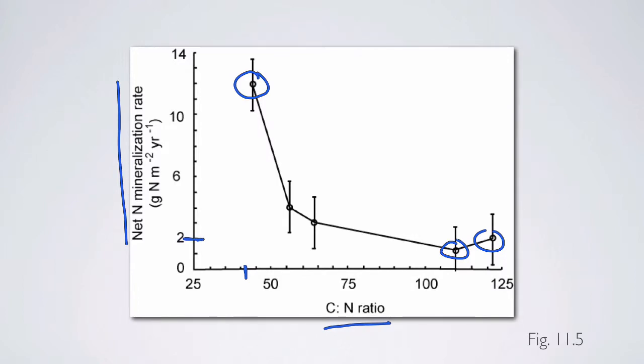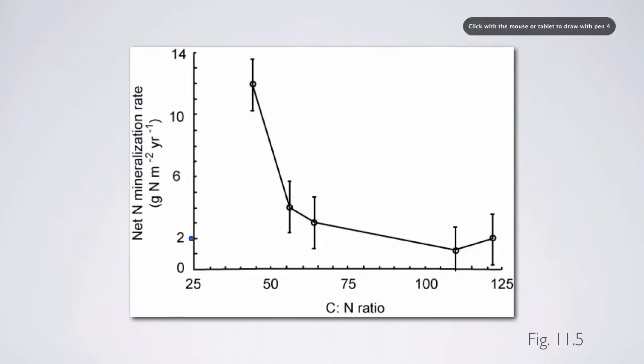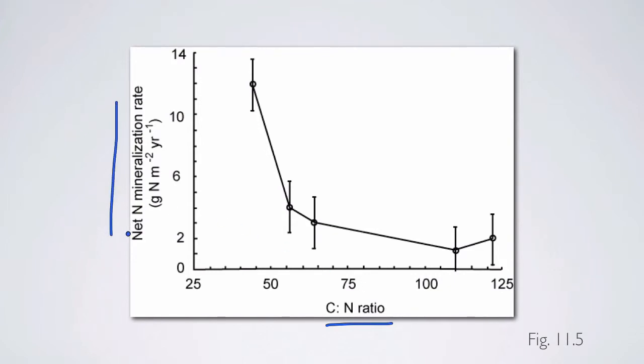And this was used as evidence of some of the feedbacks that occur, with differences in C to N ratio generating differences in mineralization rates. So often when the authors and other people talk about effects of species on ecosystem processes, it starts with the assumption that species differ inherently in their C to N ratio, and this causes differences in mineralization rates.